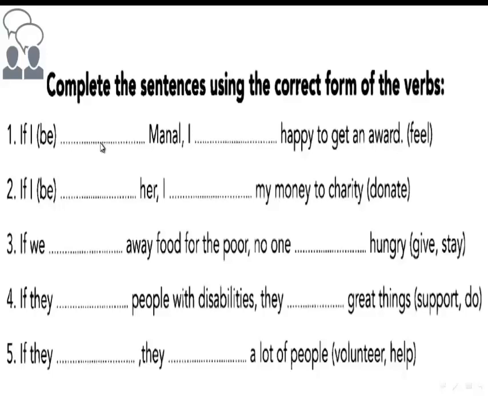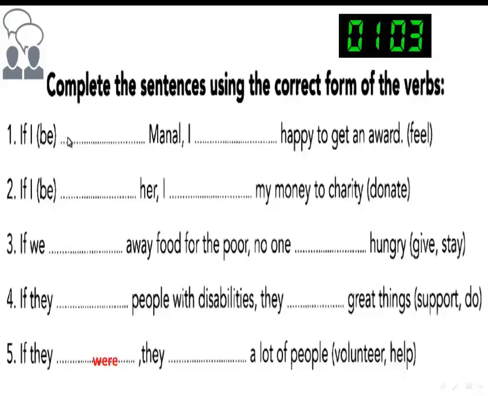Okay? So what's the past form of be? And pay attention to this rule. After I, and if we have the rule if, we should use here were, right? If I were Manal, if I were you, if I were Khalid, if I were Ali, right?